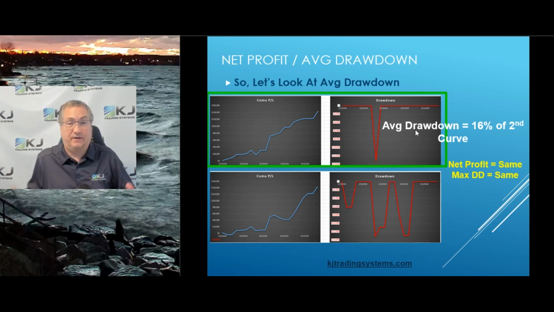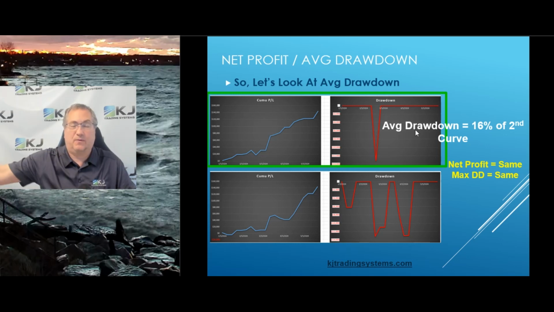So if you have a 10 or 20-year back test, that max drawdown is one point out of that 20-year curve. It's good to know the worst case, but the average would be over all 20 years or all 10 years, whatever your back test is, and that makes it a lot more valuable.